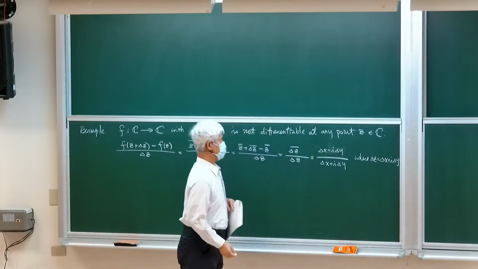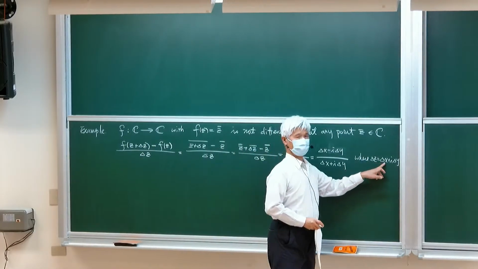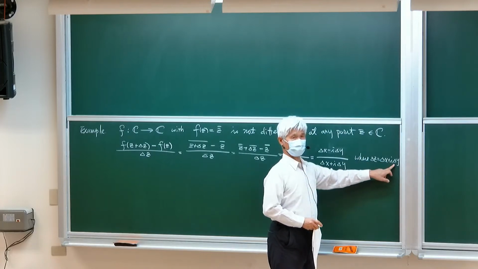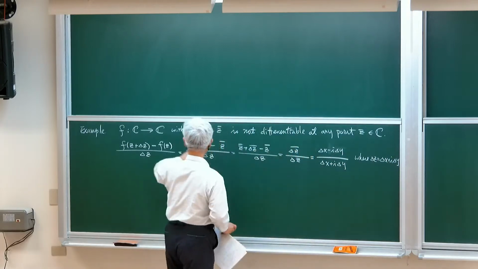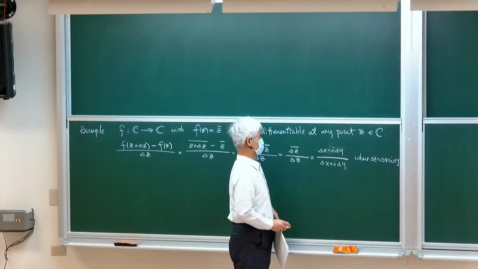So if we express delta z to be the real part delta x plus the imaginary part i delta y, then we know that this quotient is equal to this quotient.